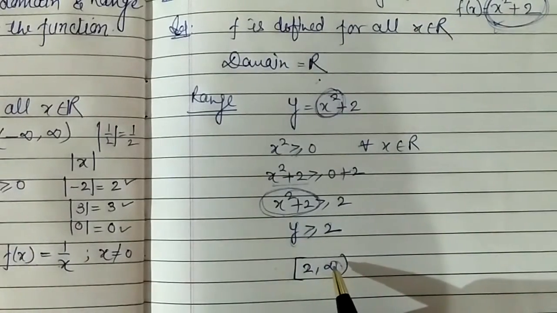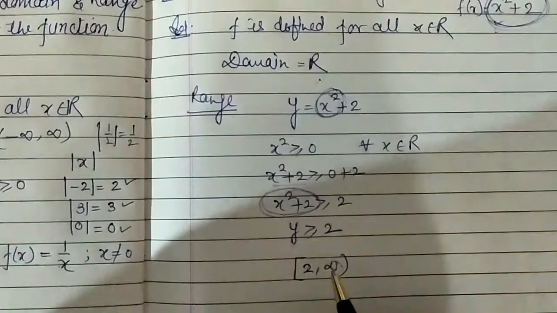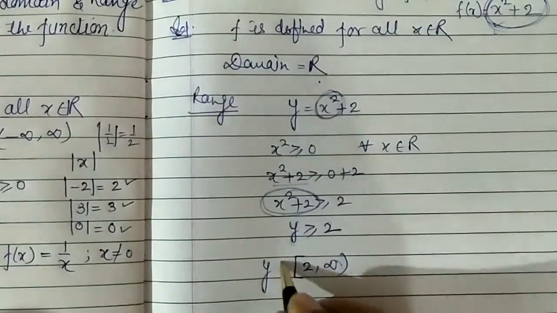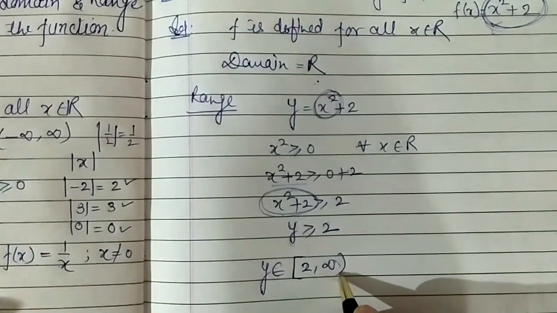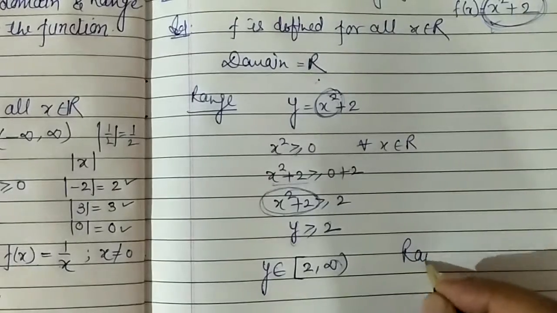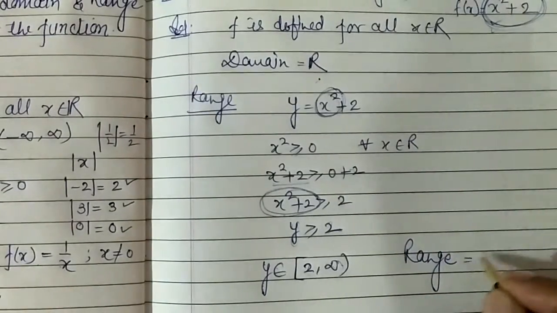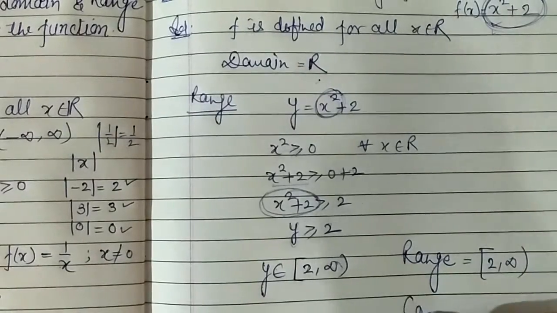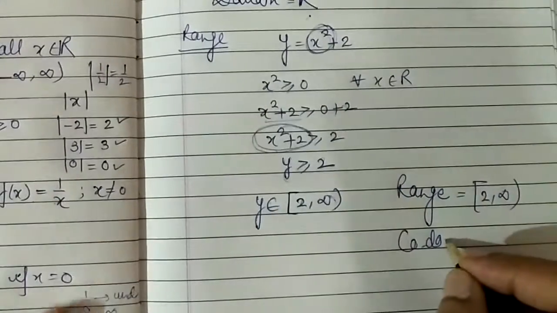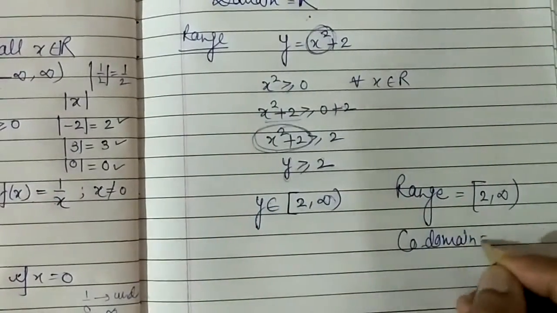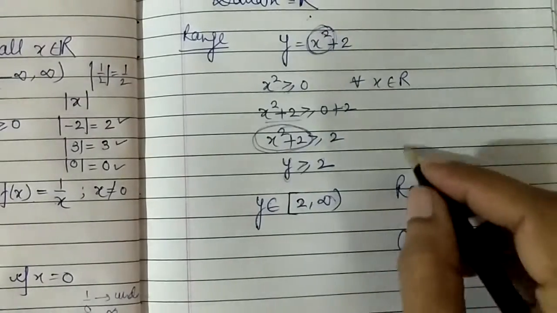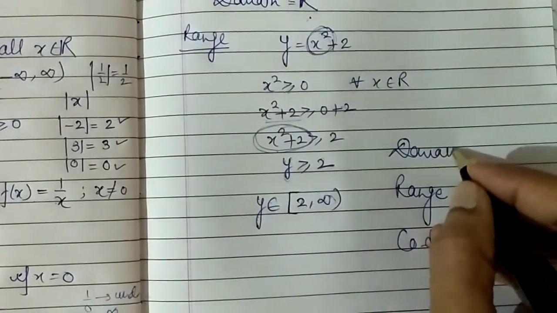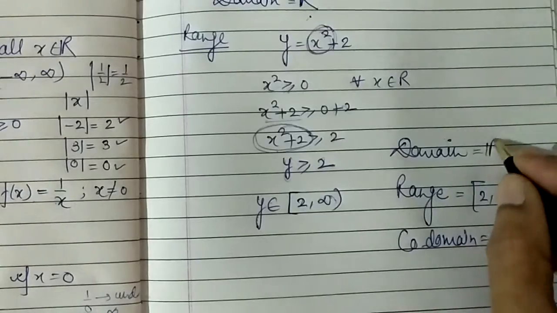These are the values attained by y at all the domain points. So y belongs to closed 2 to infinity. So range is 2 to infinity. And our codomain is the whole real line and domain is the whole real line.